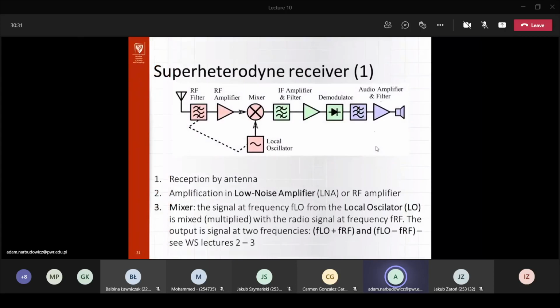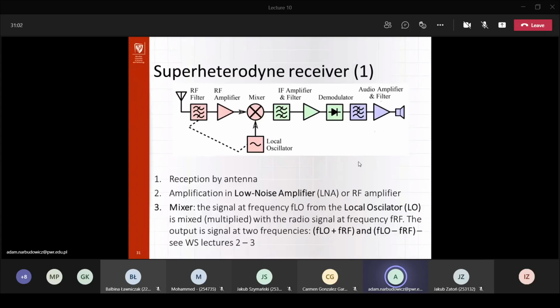Okay, now we move on to the classical radio receiver for amplitude modulation. It is called the superheterodyne receiver. The name heterodyne comes from the fact that we have an external local oscillator here at the receiver. But okay, let's go step by step through what's happening here, right?